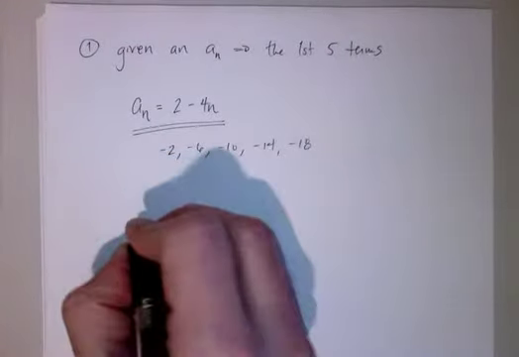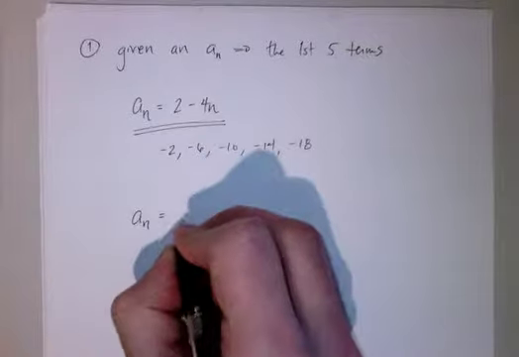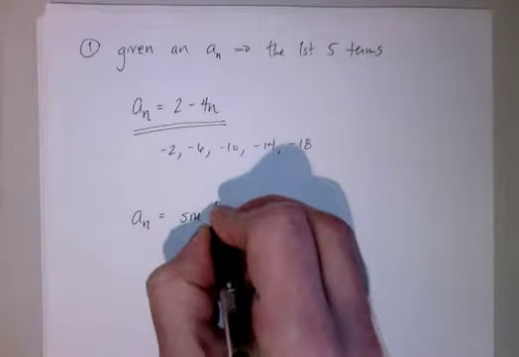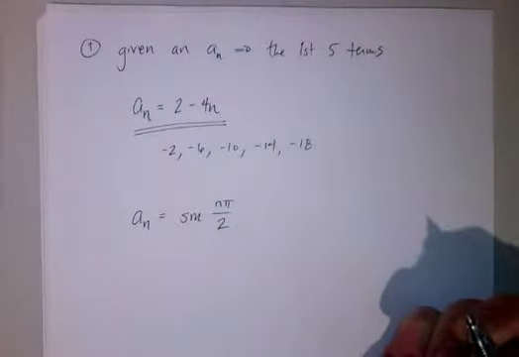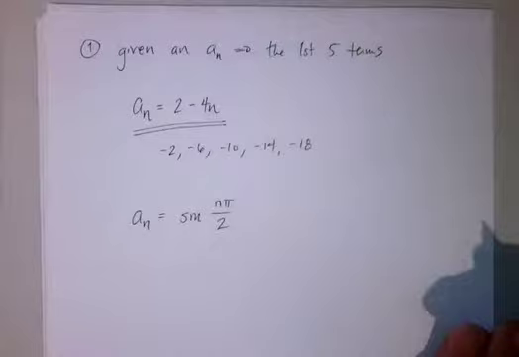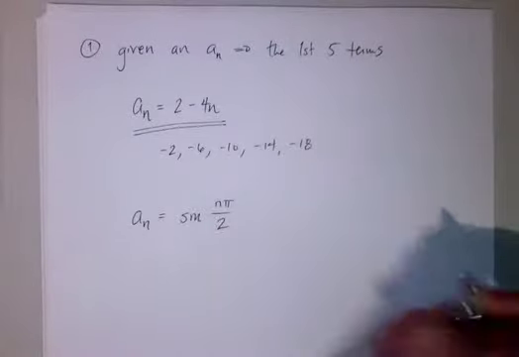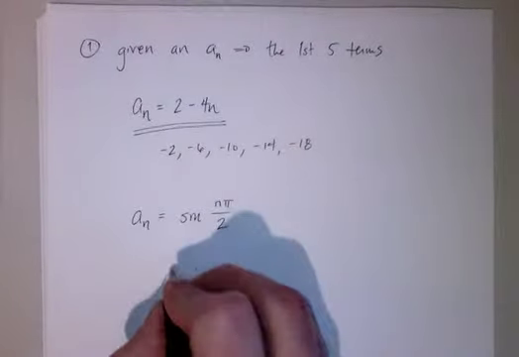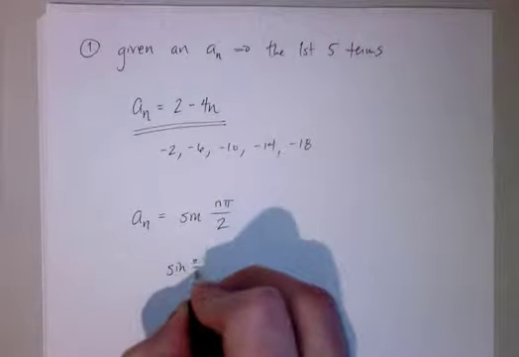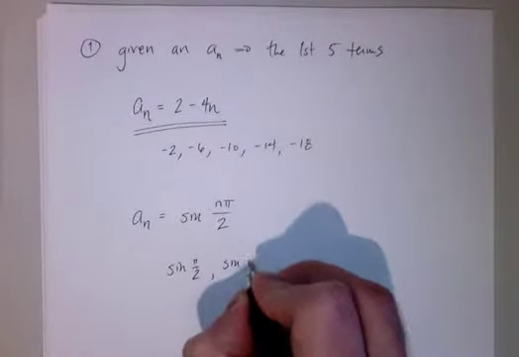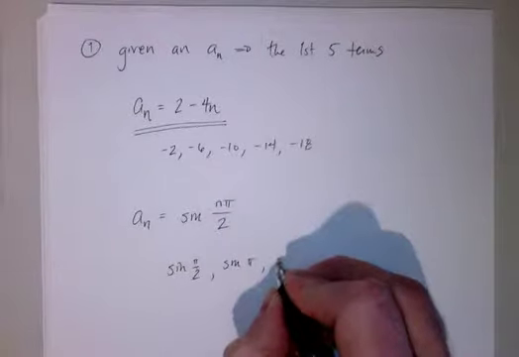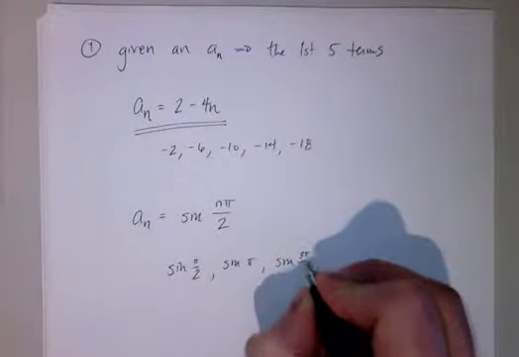Okay, well, let's do another couple of examples. If we have a sub n is equal to sine of n pi over 2, like I said before, just start plugging in numbers. We always start with 1 unless we're specifically told otherwise. Plug in 1, and I get sine of pi over 2. Plug in 2, and I get sine of pi. Plug in 3, and I get sine of 3 pi over 2.